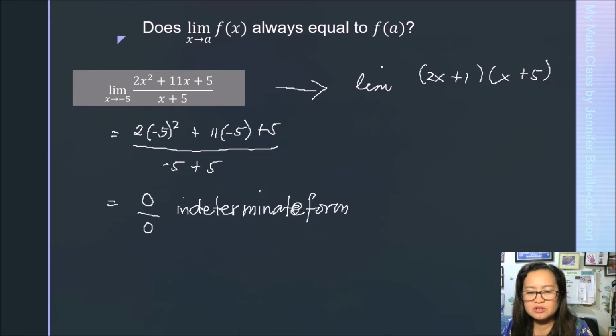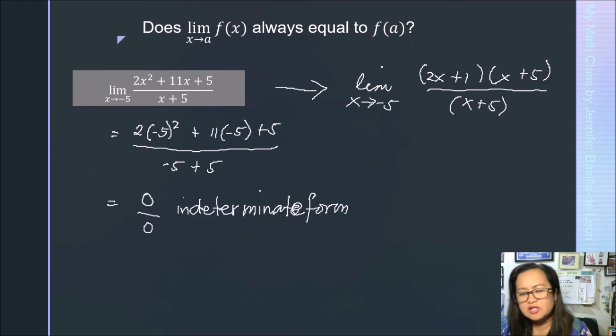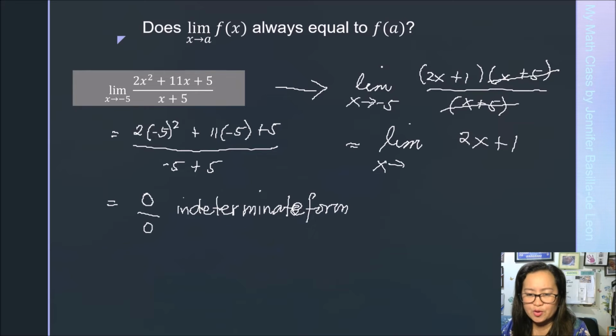Now, we copy the denominator, which is x plus 5. Then we have x approaches negative 5. We can already see that we can cancel out the factor x plus 5. So in this case, we are just going to evaluate 2x plus 1 as x approaches negative 5.